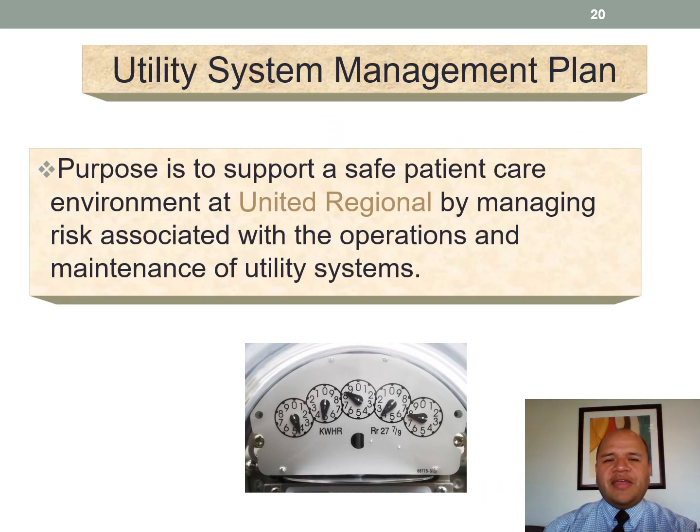Utility systems is basically the catch-all of everything in the building that works together to provide patient care. Whenever you think about something as simple as lights turning on, that's our utility or our facilities folks who are making sure that those lights are on, specifically during high-risk procedures.